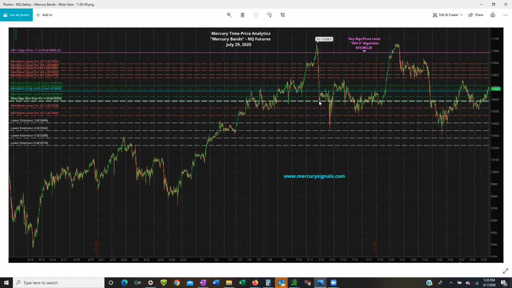Now, if your account's big enough, I like trading in a 4 lot, and I'll tell you why. Because after I take that middle, it gives me 2 to work with. One of the things that drives me nuts is if the market is running in your favor, higher or lower, and you only have 1 contract left, that last third, the runner is what we call the last third.